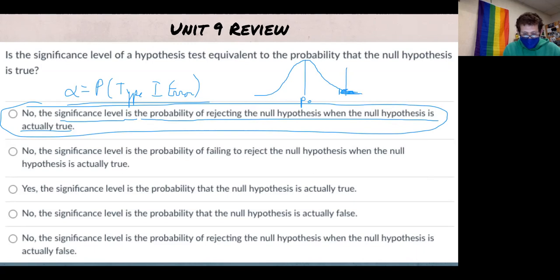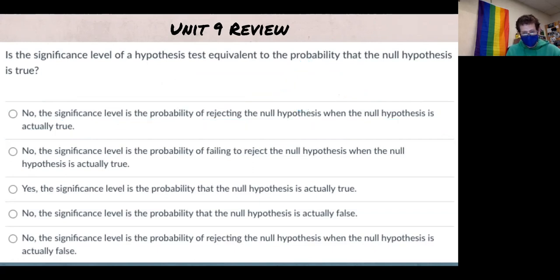But that doesn't mean that your null hypothesis is false. It just means that you happen to get one of those samples that happened to be in the rejection range. So there is a chance, even when you reject the null hypothesis, that you made an error. And sometimes we don't know if we made an error or not. But the probability of type 1 error is just the same as your significance level. So 2 different ways of thinking about that problem.